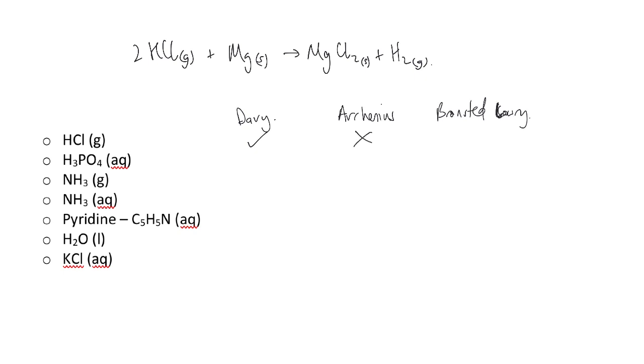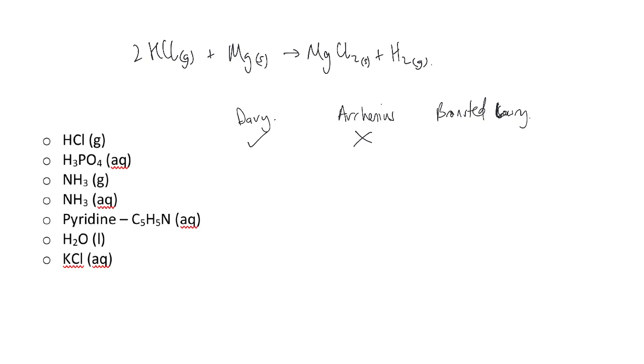If you were to take that HCl and dissolve it into water and produce hydrogen ions, then yes, you could explain it under Arrhenius, but not in its current form in a gaseous state. So that hydrogen chloride gas does not produce soluble hydrogen ions and therefore cannot be classified as an Arrhenius acid in the gaseous state.